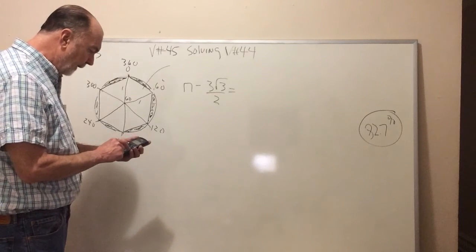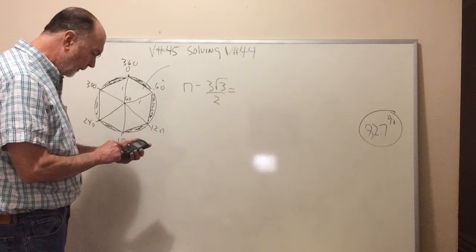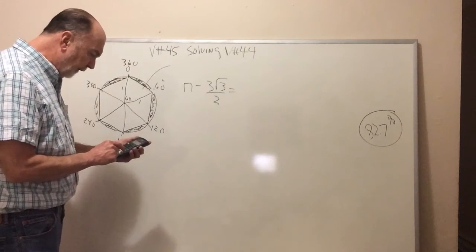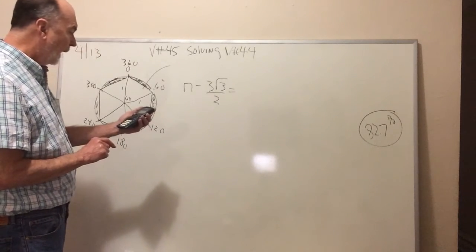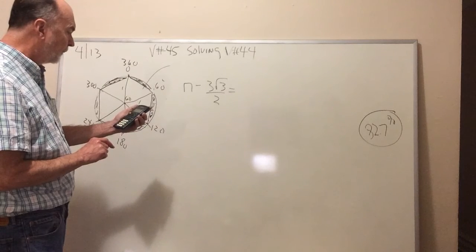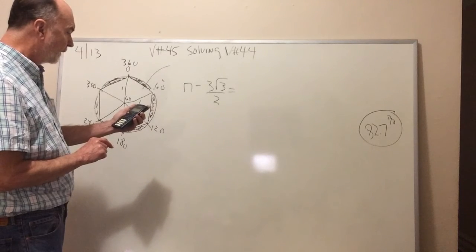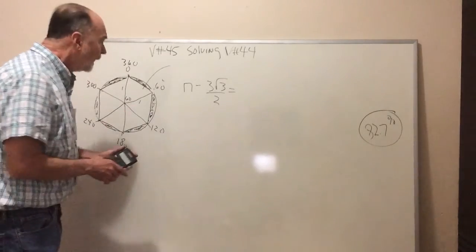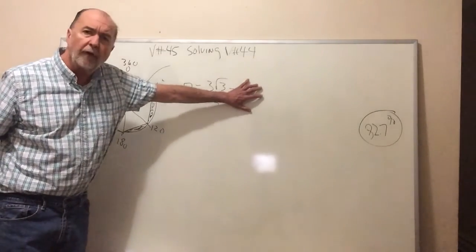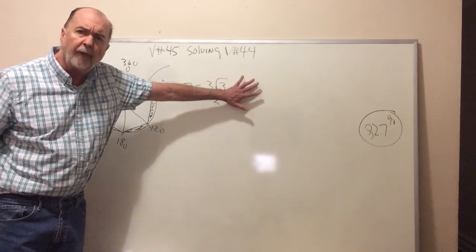And I enter that. Divided by 2. And I put everything in there, and I get this number. Let's make sure we got that right. It's going to be 1 point something or other. The light's very small here.